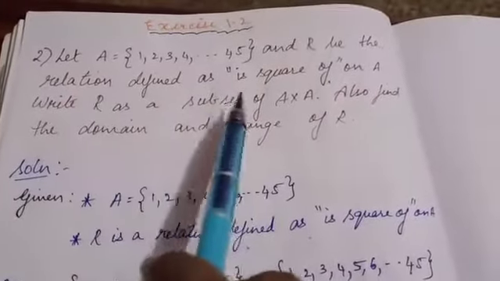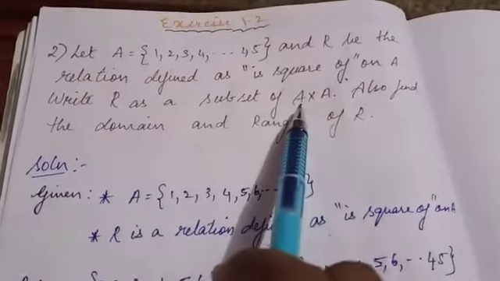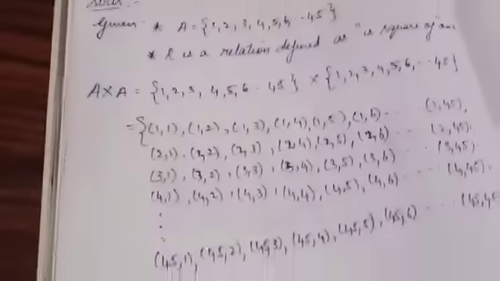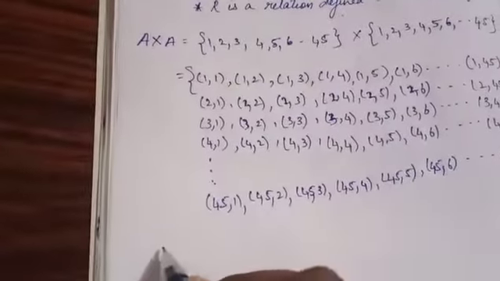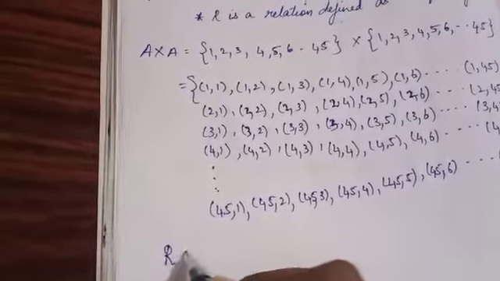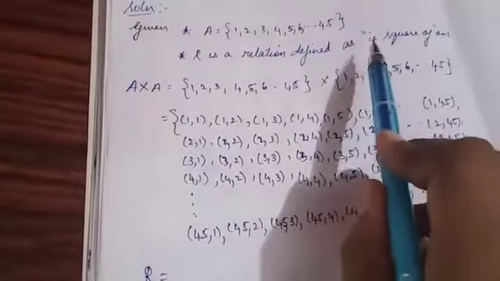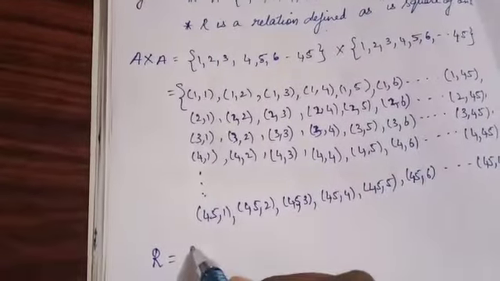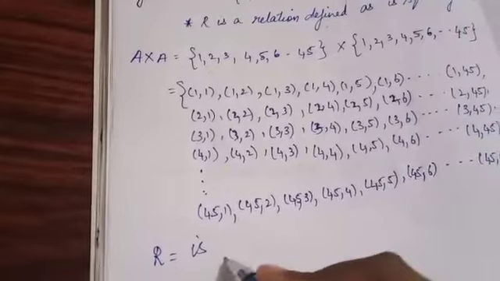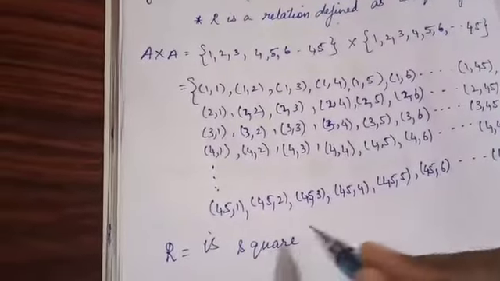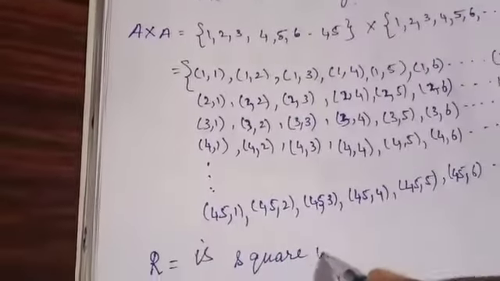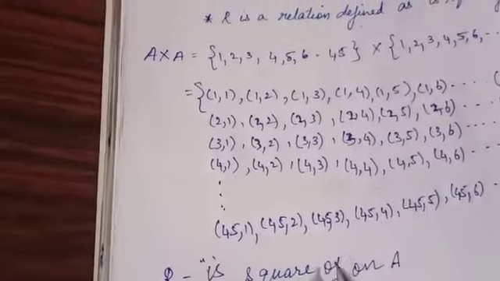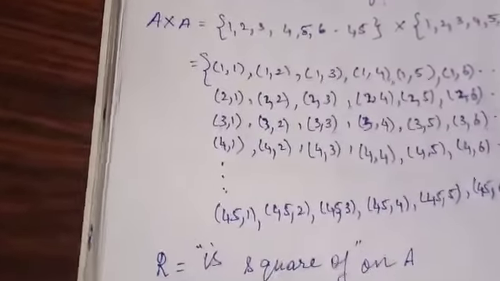So next, write R as a subset of A cross A. We have found A cross A now, so next we'll find what R is, that is our relation. R is equal to "is square of" on A. So what is the relation?